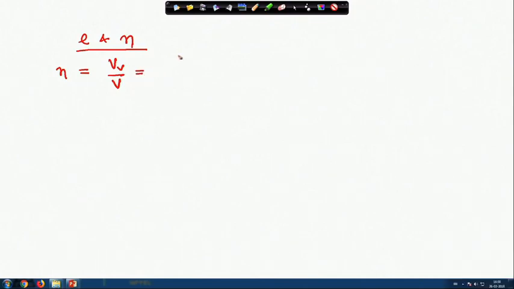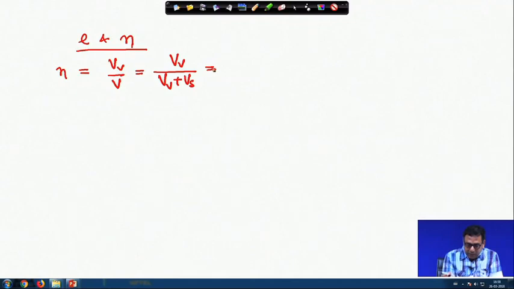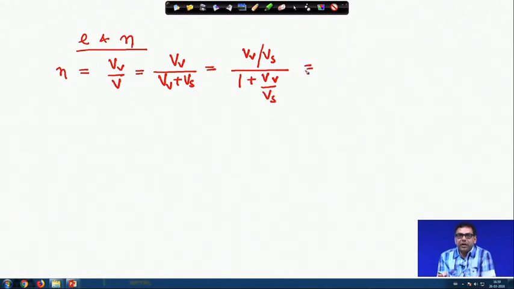So, that is equal to the volume of voids divided by V_v plus V_s. Now, I can write V_v by V_s divided by 1 plus V_v by V_s. So, V_v by V_s, volume of voids divided by volume of solid, is equal to void ratio.